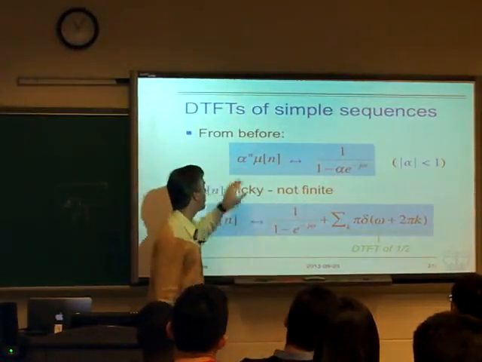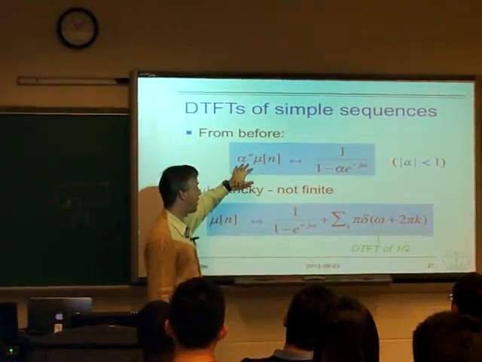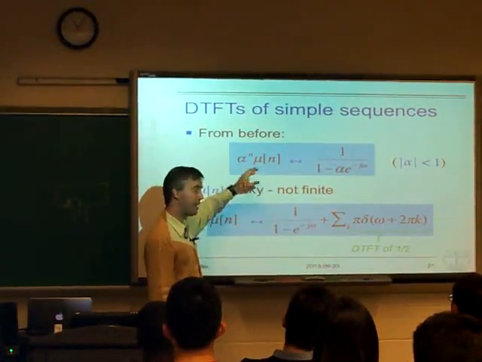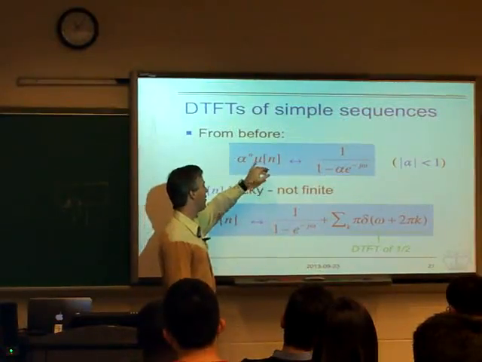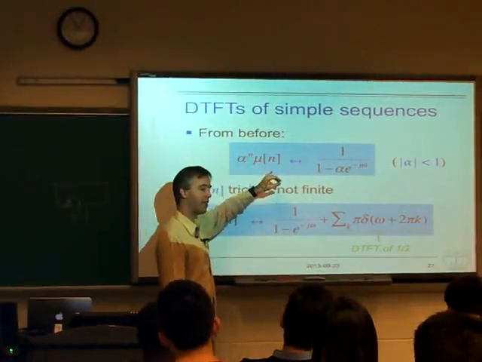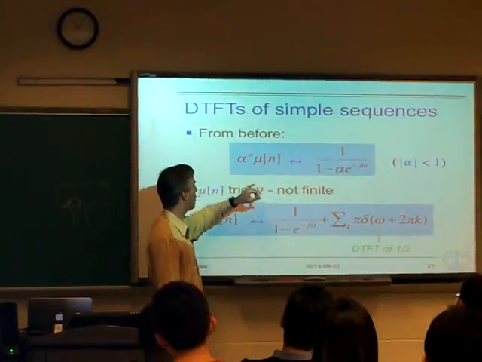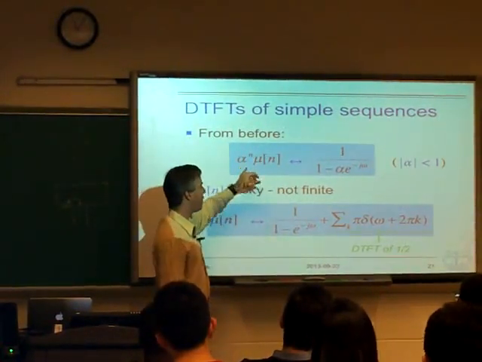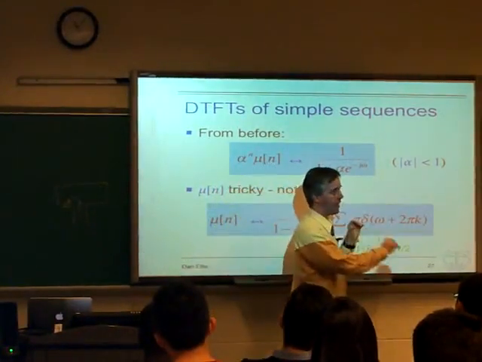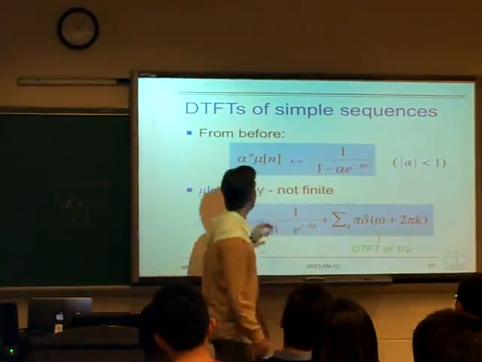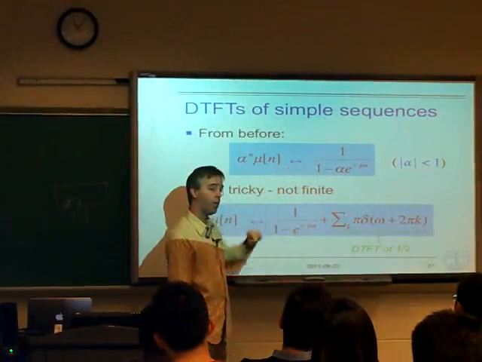If alpha had a magnitude larger than 1, then this would be an infinite duration sequence, right? It's non-zero, in general, for all values of n greater than or equal to 0. But when alpha is less than 1, they get very small as time goes on. With large alpha, they would continue getting larger as time goes on.